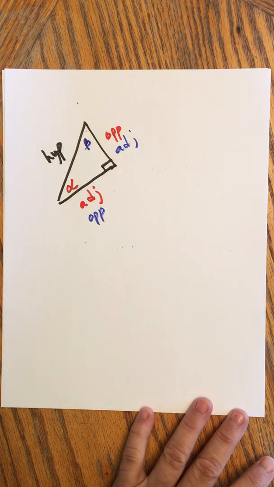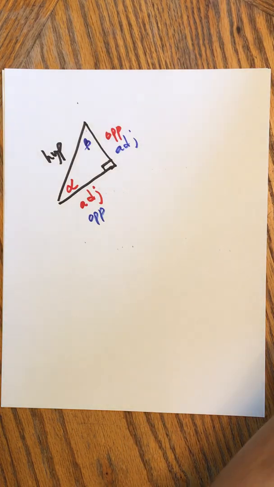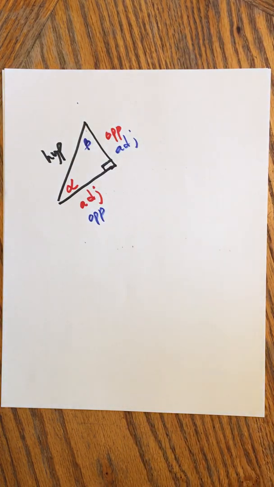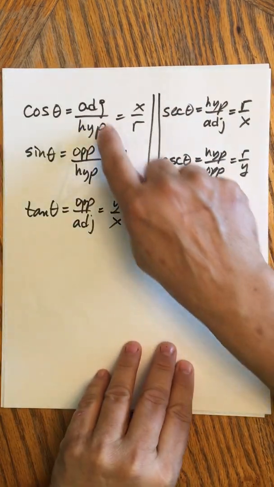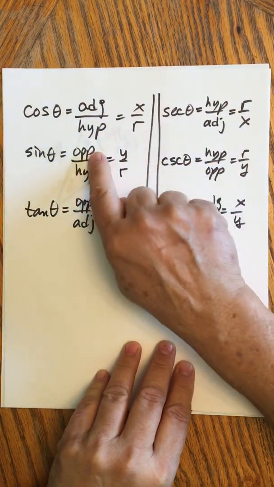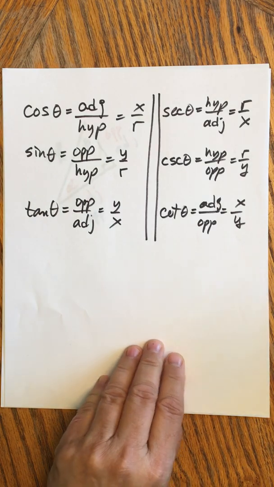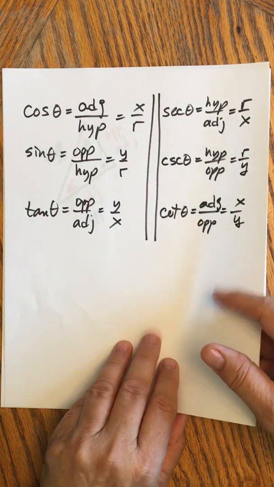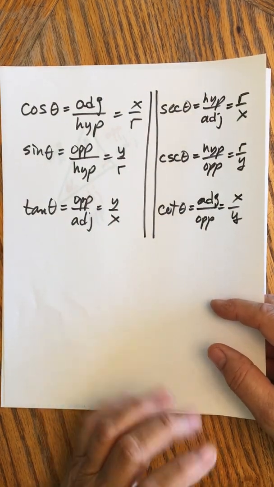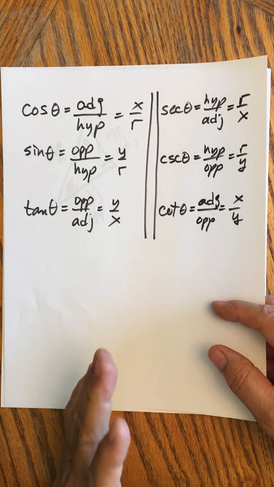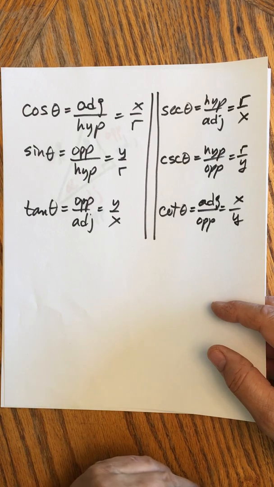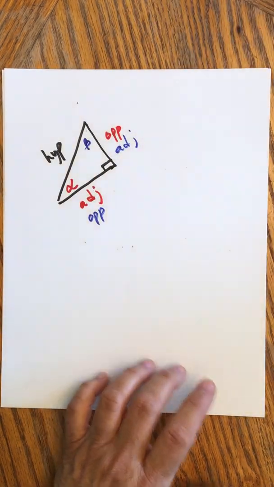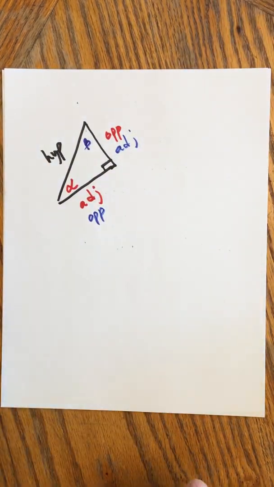And if you'll recall, the definitions are right here. Cosine is adjacent over hypotenuse, sine is opposite over hypotenuse, and so on and so forth. Those are just your definitions, and I went into this in a lengthier explanation in the video on similar triangles to trigonometric ratios. But I just want to make sure you understand that this is for a free-form triangle.